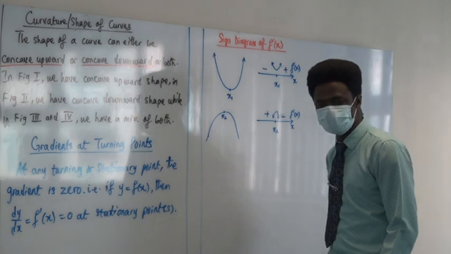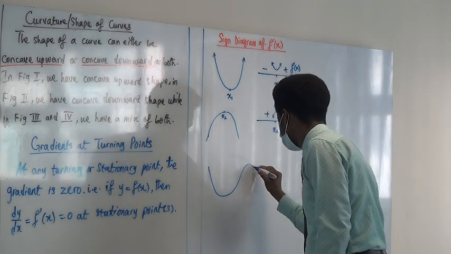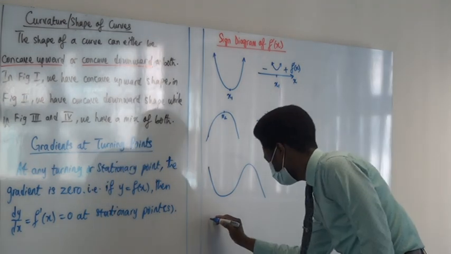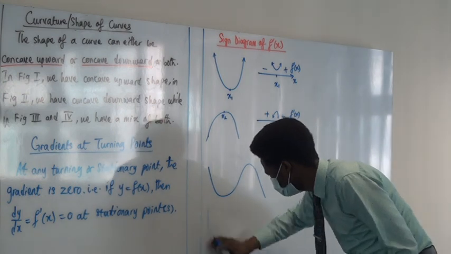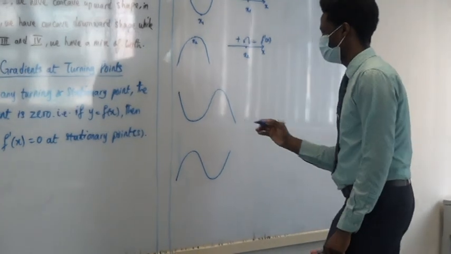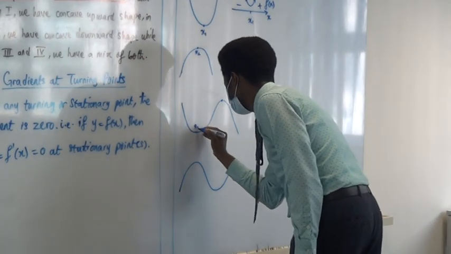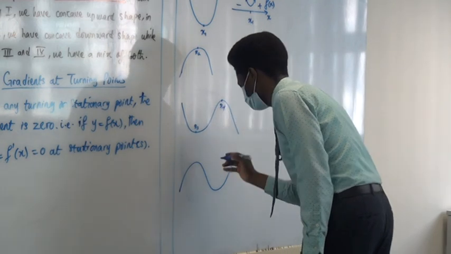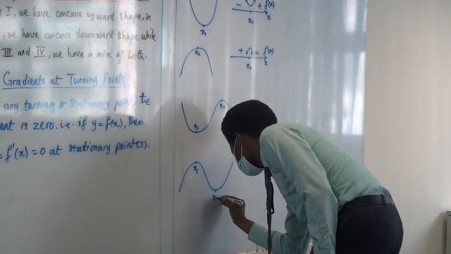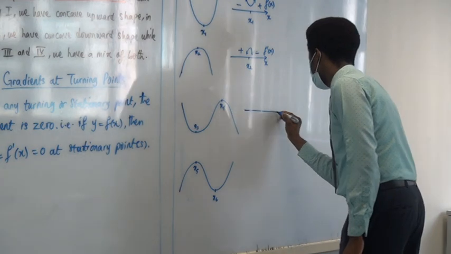The last but not the least that I want to mention: what if you have a cubic function, or which could also be the other way? So clearly there are two turning points, x3 and x4, for example, and let's call these x5 and x6. What will the sign diagram look like?